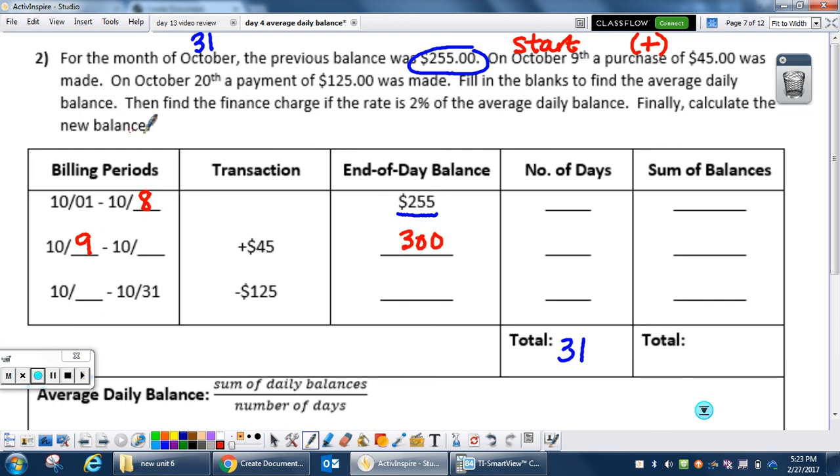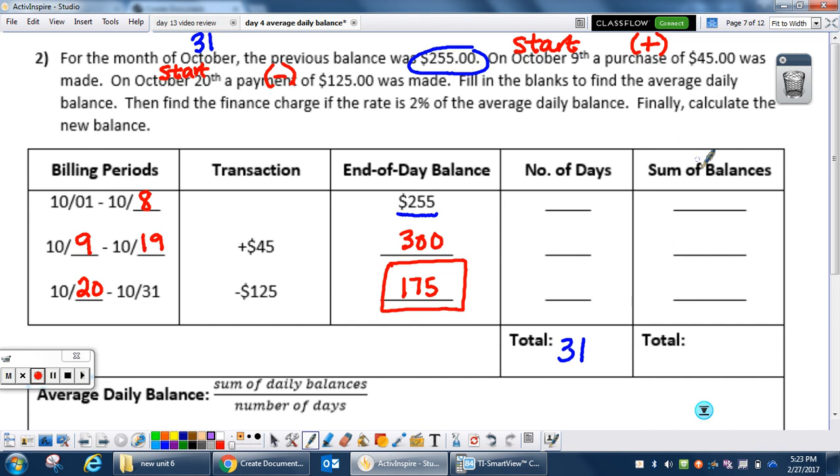Okay? Now on October 20th, so another start date, so that means that's the 20th, and the one up here is to the 19th. A payment, which means you're subtracting from your total, was made. So 300 minus 125 gets you to 175. Okay, I would star that number because you're eventually going to have to add that to something.